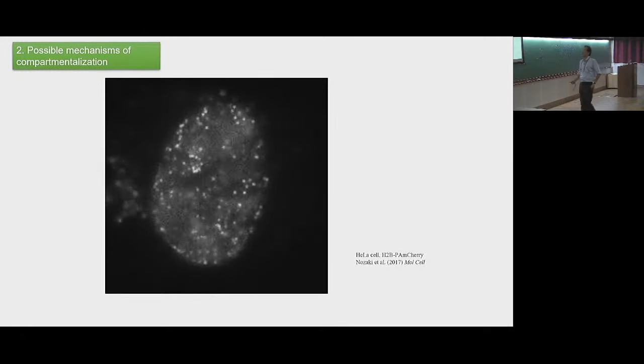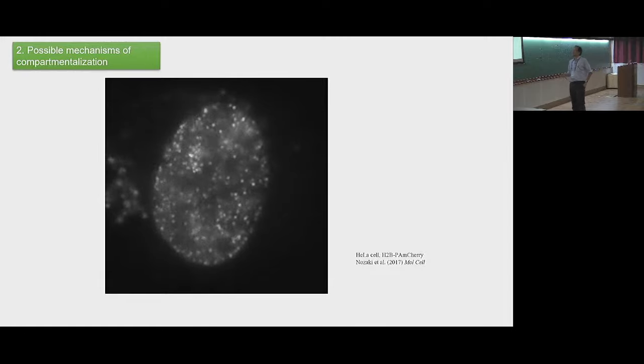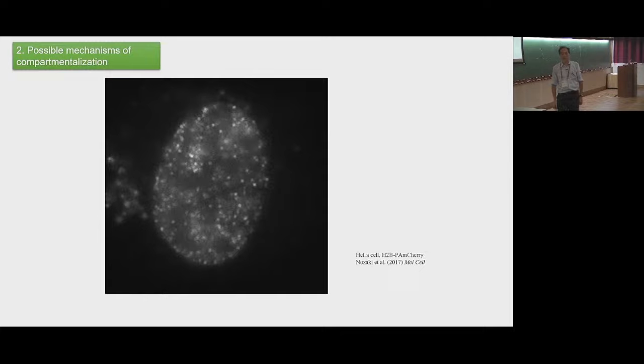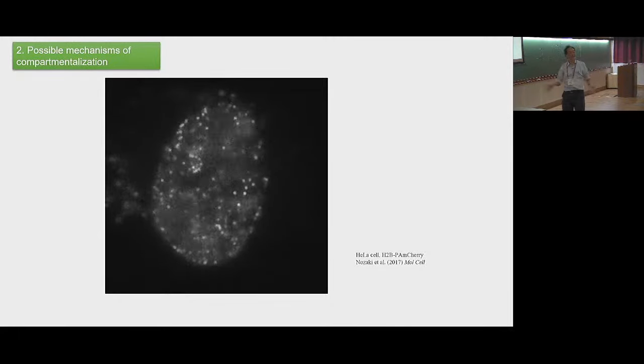And here I would like to emphasize that the genome is very soft, flexible, always fluctuating. So this is only a slice in a confocal image. The microscope focal plane was very thin, probably a few hundred nanometers or so, with a 10 micrometer diameter nucleus.